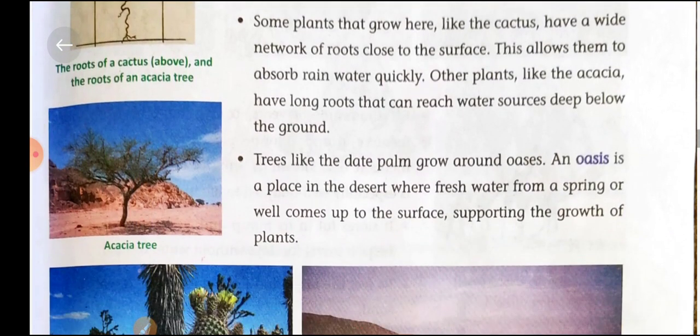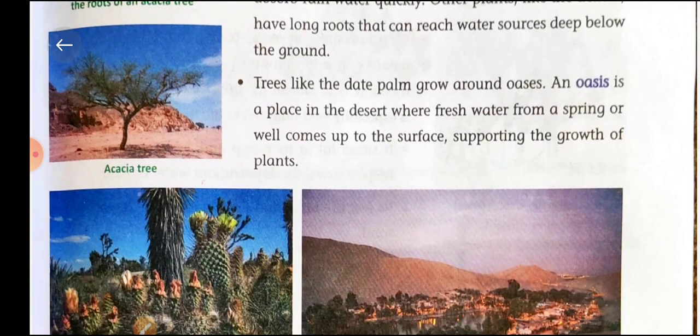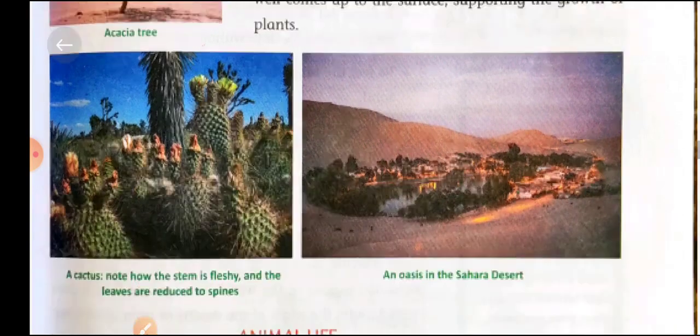Next, trees like date palm grow around the oasis. Palm trees mostly grow near the oasis, and an oasis is a place in the desert where fresh water from a spring or well comes up to the surface, supporting the growth of plants.